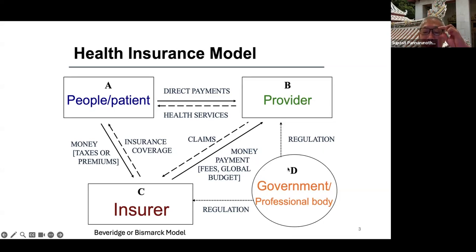And within this, we have element D, which is the government or professional bodies that may use the information from elements A, B, and C to evaluate whether the insurance model works for the most efficient and most equitable, with the highest attained quality of care.